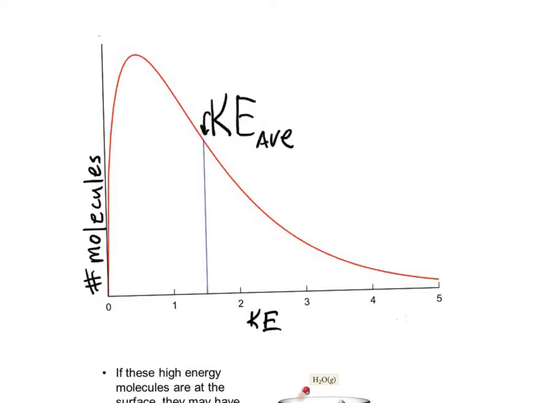So here's a plot. And what you're going to see is the number of molecules versus the kinetic energy of each of the molecules. And so this represents a population. Most of the molecules, in this particular plot, fall below the average kinetic energy.